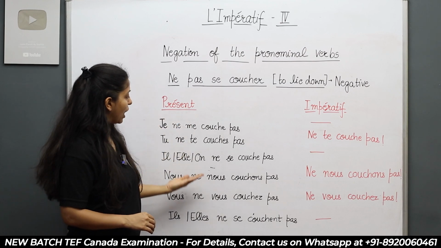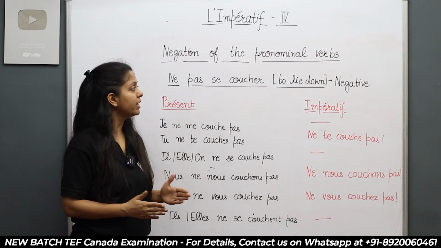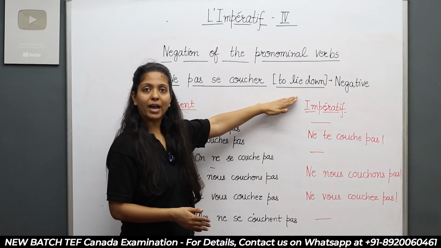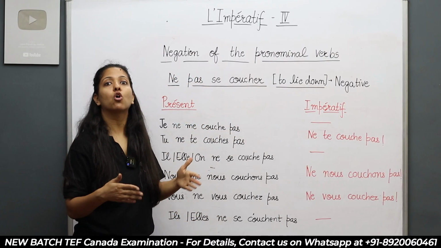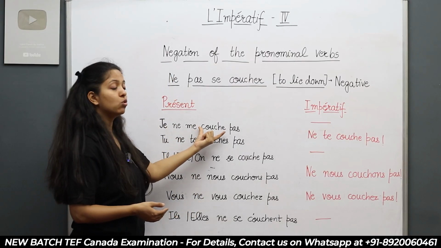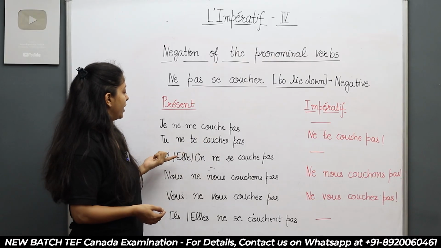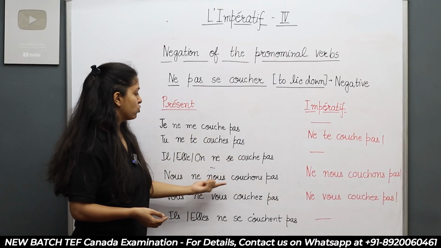So first you should know how do you conjugate the pronominal verbs in the negative form in present tense, right? So se coucher, which means to lie down, and here it's there in the negative form, so you may consider the meaning as not to lie down, right? So in the positive form, you were saying je me couche, tu te couches, il, elle, on se couche. Nous nous couchons. Vous vous couchez.